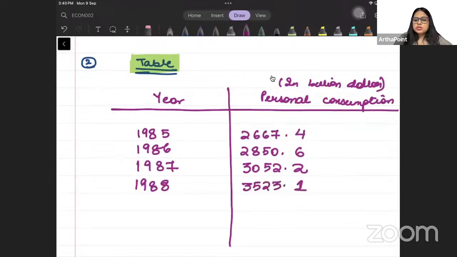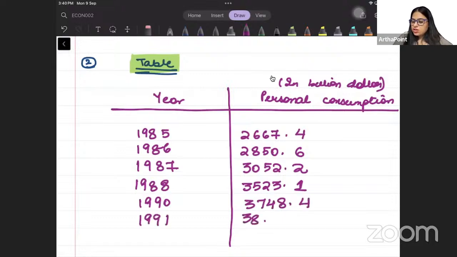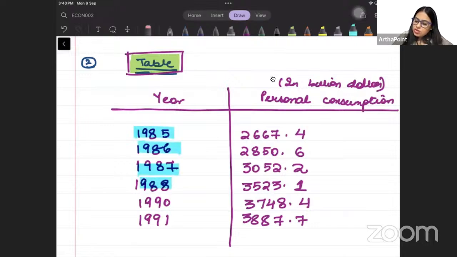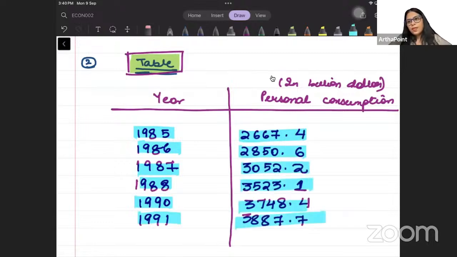In 1990, consumption was $3748.4 billion. 1991, consumption ये था. So I have through the table, इस table के through मैं ये शो कर रही हूं that as I progress through the years, जैसे जैसे टाइम बीत रहा है, the consumption is also increasing, right?